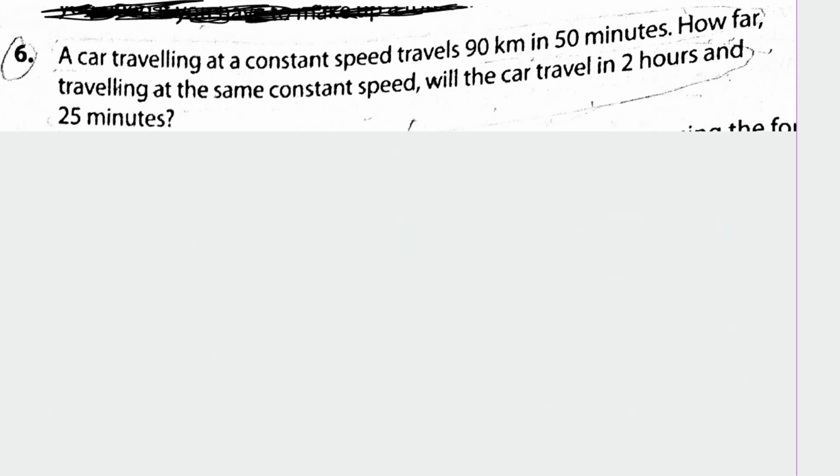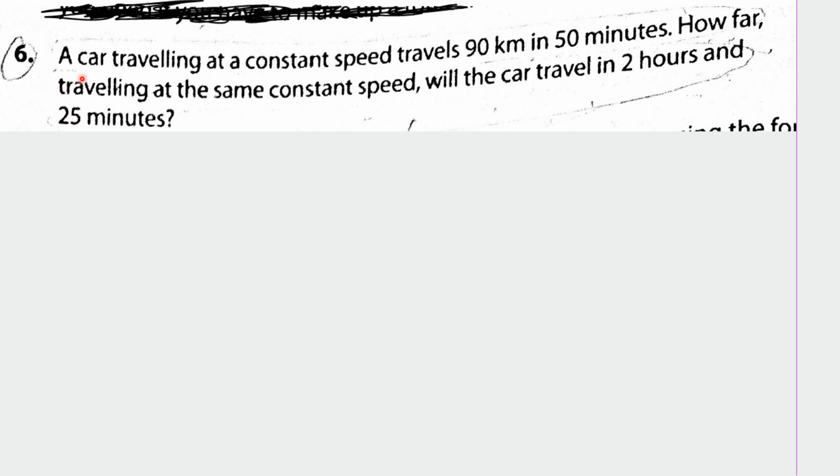The next question is question number 6. So question number 6 says, a car traveling at a constant speed travels 90 kilometers in 50 minutes. Okay, so the reason why I always read these questions very slowly is so that I don't miss any information.